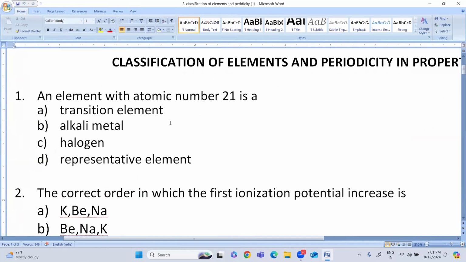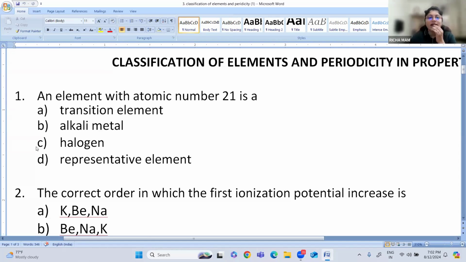We have just seen which elements fall in which group, so now you have to answer this very simple question. This chapter, classification of elements and periodicity, is actually a very easy chapter. It is a very scoring chapter, so don't leave this chapter. Study it very theoretically. It is a very important chapter.